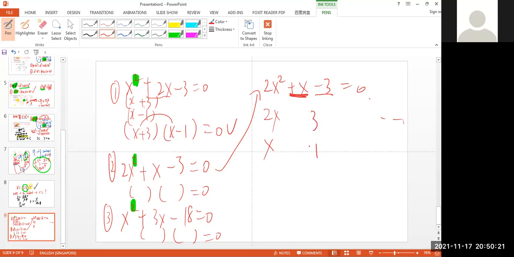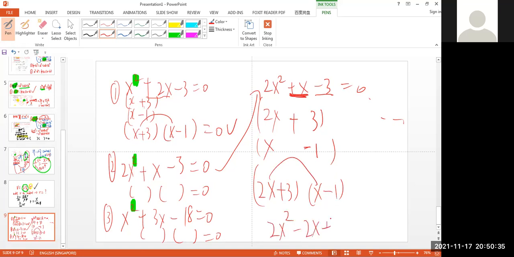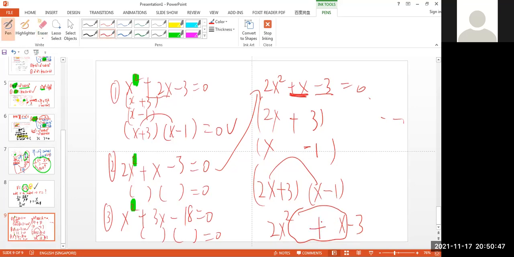So there is a negative sign, so the negative is here. Then you realize that this is the combination. Let's test. To get plus x: I get 2x squared, I get minus 2x, I get plus 3x, that is minus 3. Done. This will give you plus x. So therefore, this combination works.